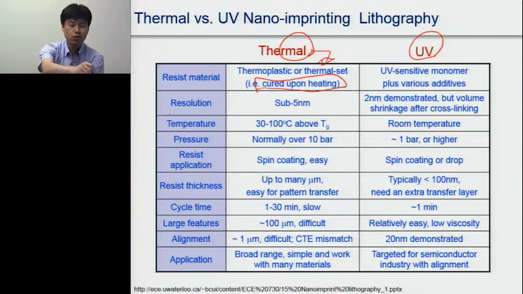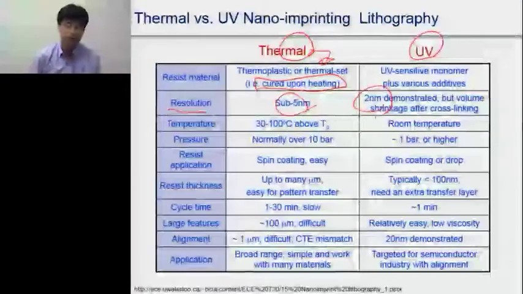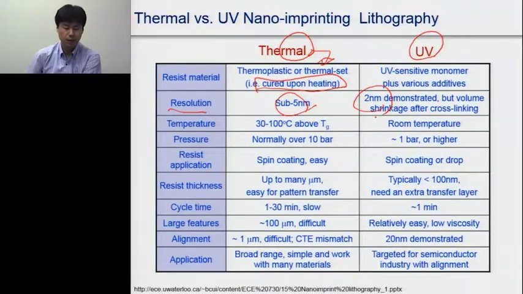As to the resolution, both technologies offer pretty good resolution, and they are pretty fast, so the throughput of these technologies is pretty high. One of the big differences between thermal and UV nano-imprinting is that thermal nano-imprinting has difficulties in alignment.